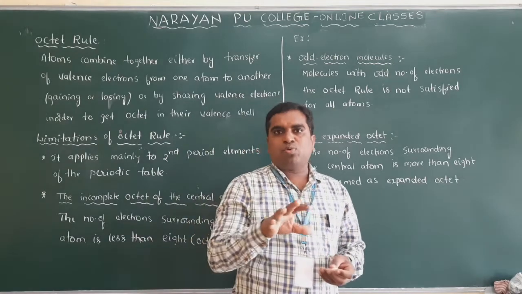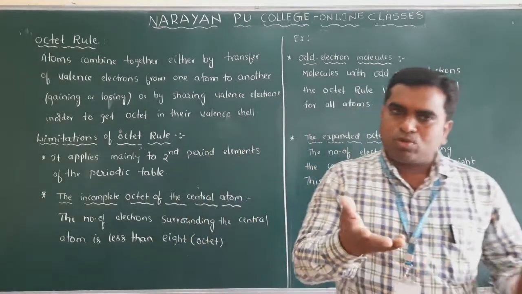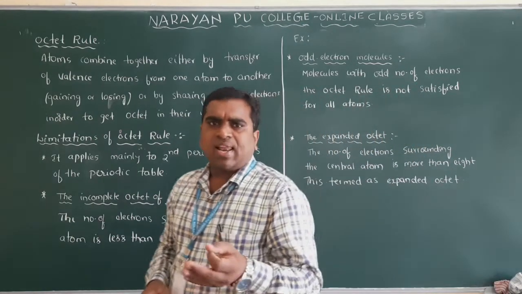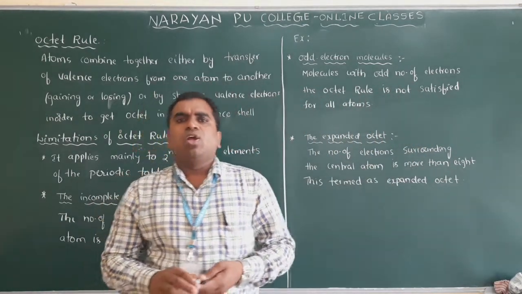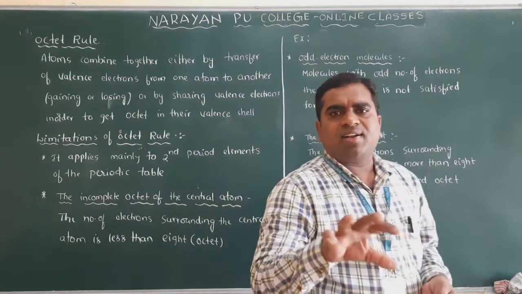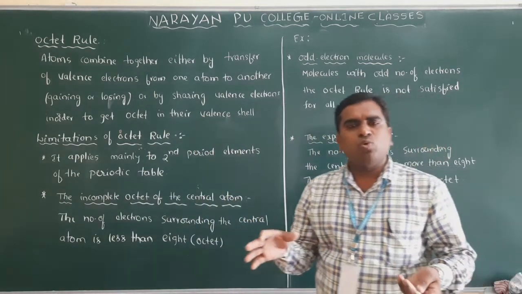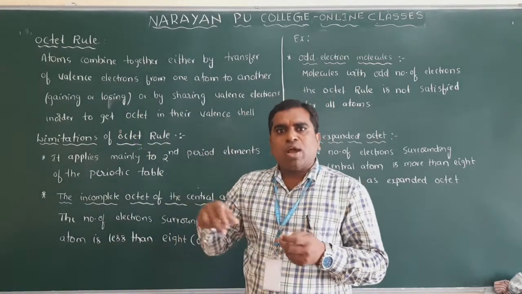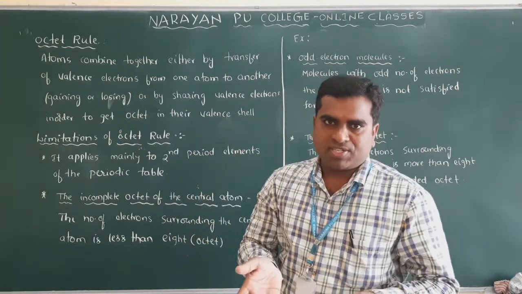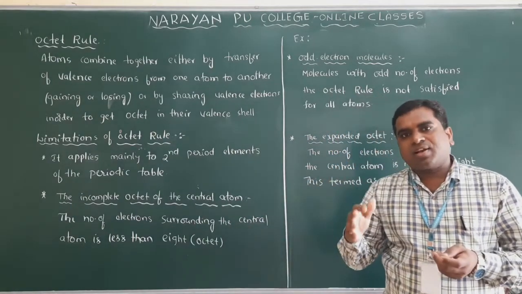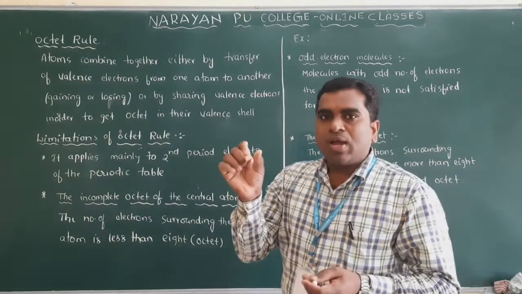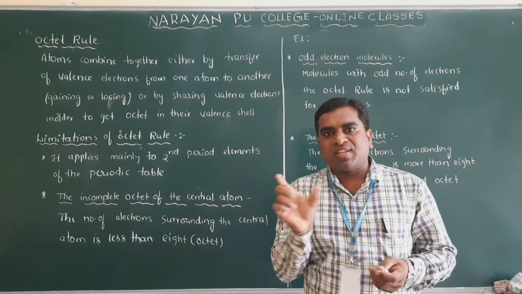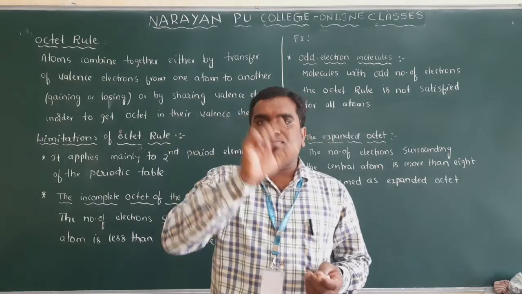And the third rule, you have to select the central atom. Usually we take the less electronegative atom as the central atom. And the next one, you have to write the skeletal structure. Skeletal structure means you put the central atom, and around the central atom you arrange the remaining elements. Clear? And after writing the skeletal structure, you have to write a pair of electrons, meaning 2 electrons, between the central atom and the terminal atoms.